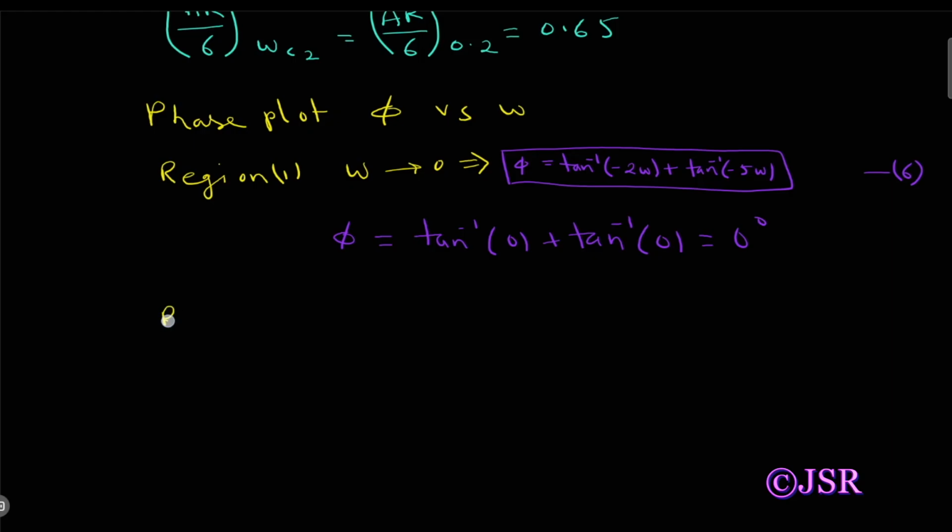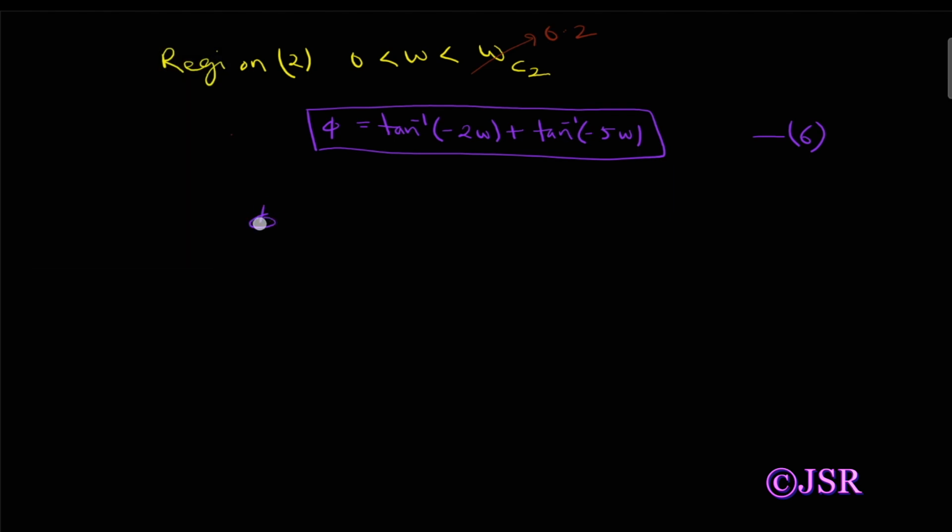For region 2, when omega lies between 0 to omega c2, and this omega c2 is 0.2, the phi will be tan inverse of minus 2 omega c2 plus tan inverse of minus 5 omega c2.